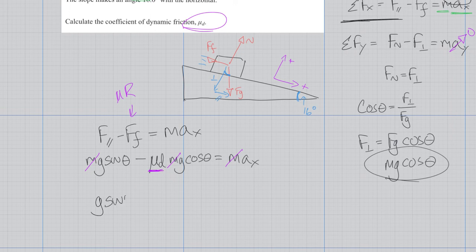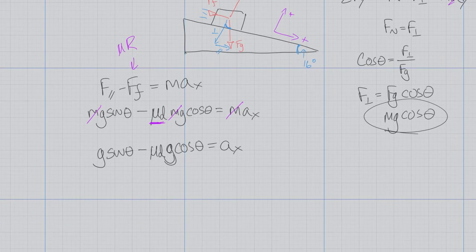So it'd be g sine theta minus mu d g cosine theta equals acceleration in the x. I'm going to add a mu d g cosine theta to each side.